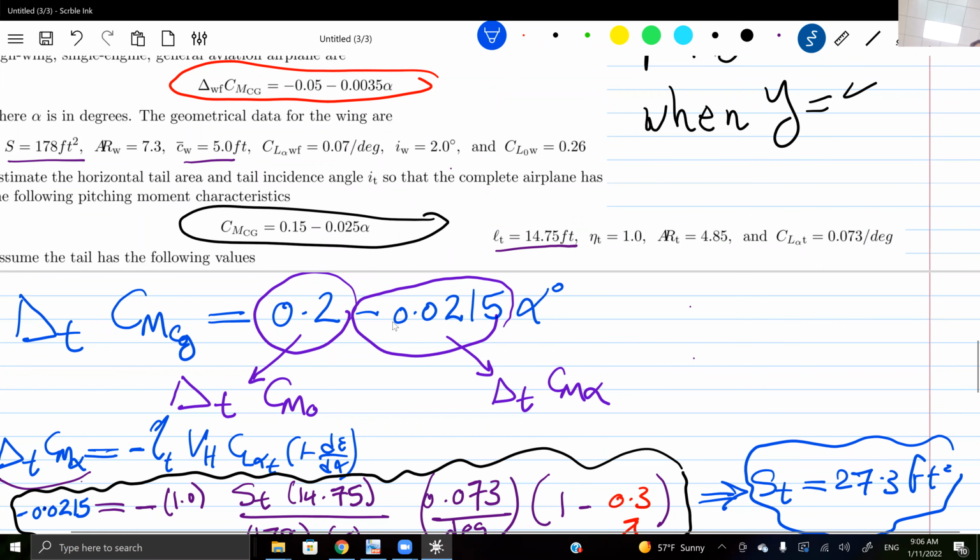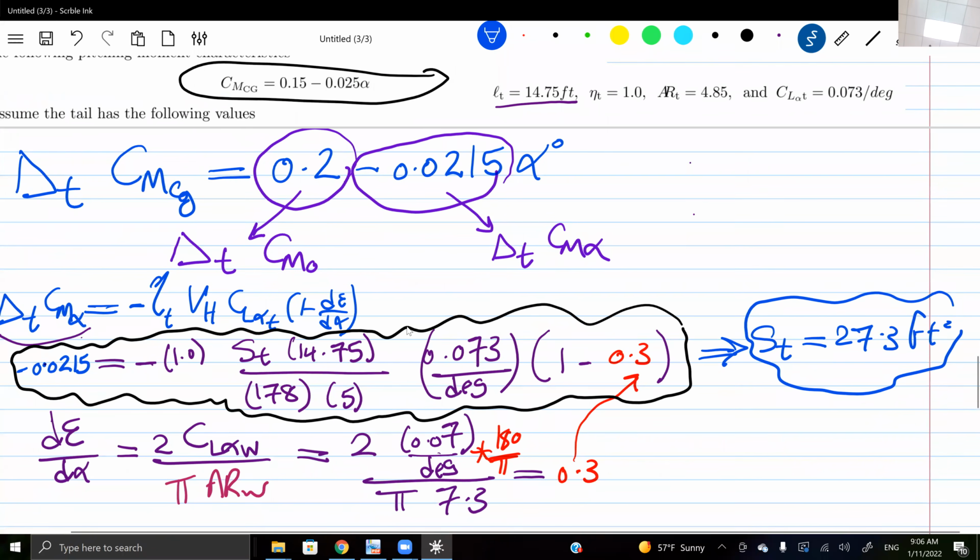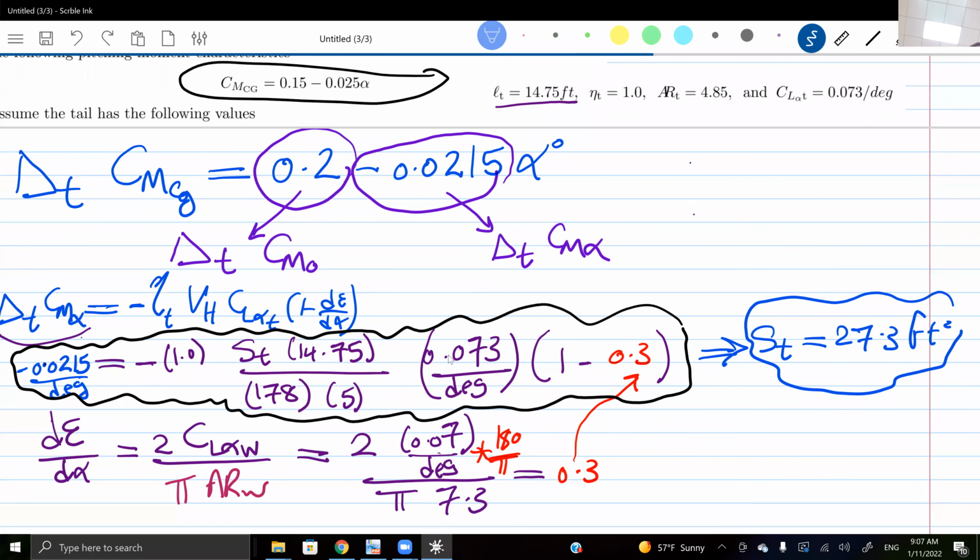So this is the value that is per degree. And for consistency, if the left-hand side is per degree, the right-hand side must also be per degree. So it was naturally with us per degree, but we always should pay attention to these details. So we're consistent, and S tail is okay. Everything is okay. All right.